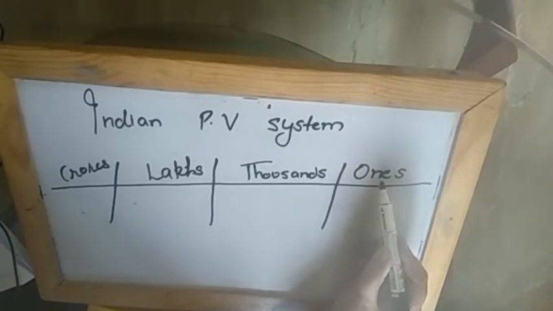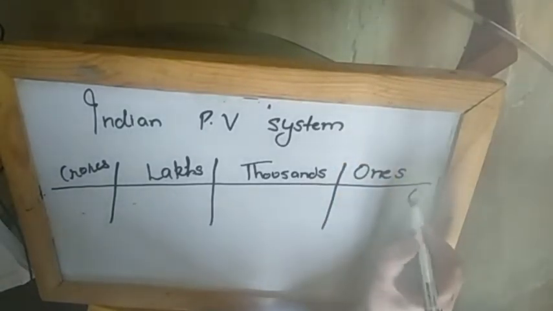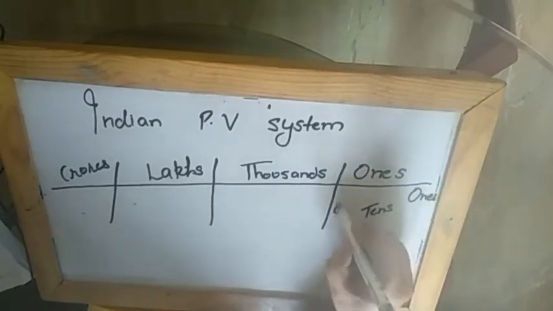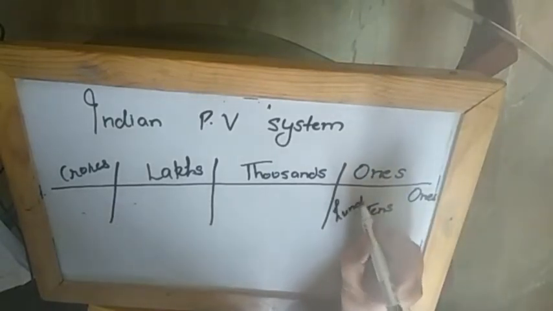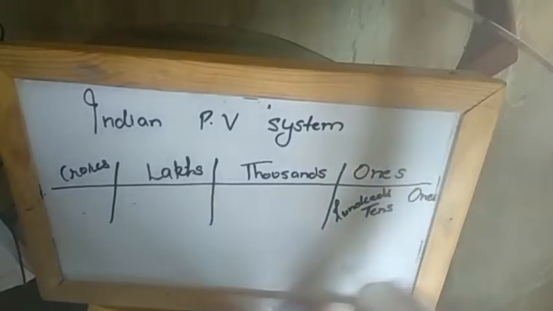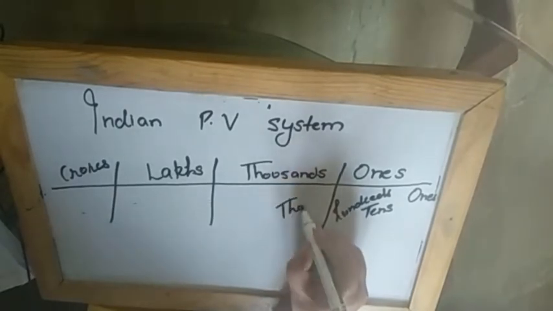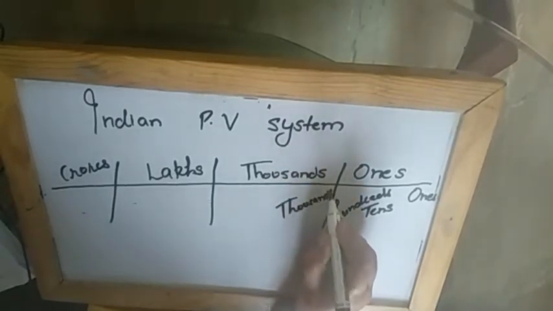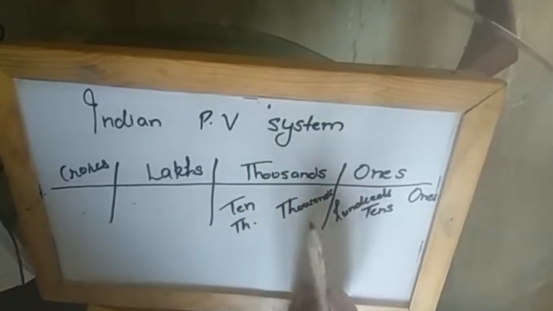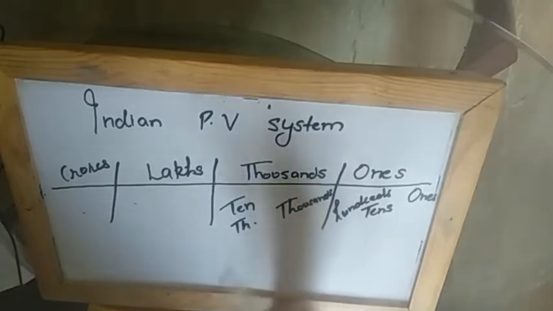Now in the first period, the period ones, we have 3 place values, that is ones, tens and hundreds. So these are the 3 place values in the ones period. In the thousands period, we have 2 place values, thousands and 10,000.